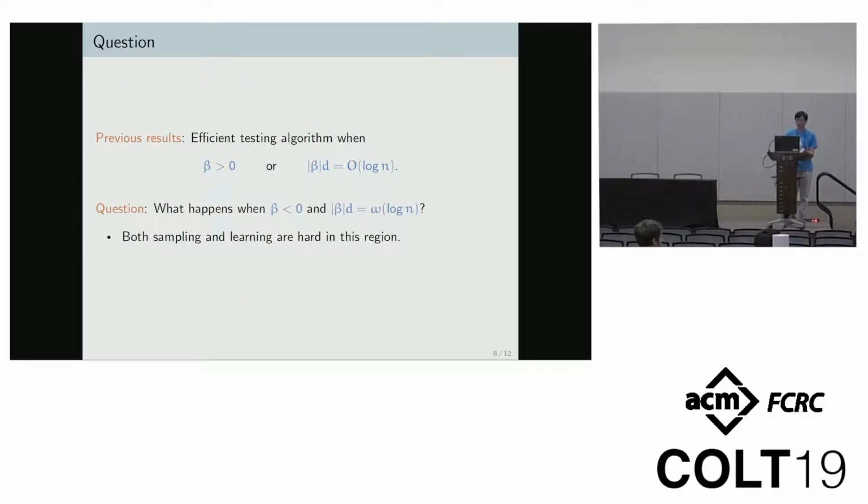To summarize, what we know from previous results is that we have an efficient testing algorithm either when it's ferromagnetic or when beta d is small. So the question is what happens when beta is negative and beta d is large. In this region of parameters, both sampling and learning are hard.